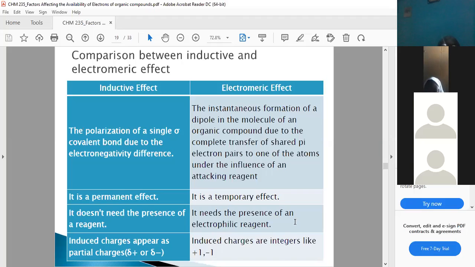Inductive effect is a permanent effect, but electromeric effect is a temporary effect. If the attacking reagent is removed, the molecule will revert back to its original position.